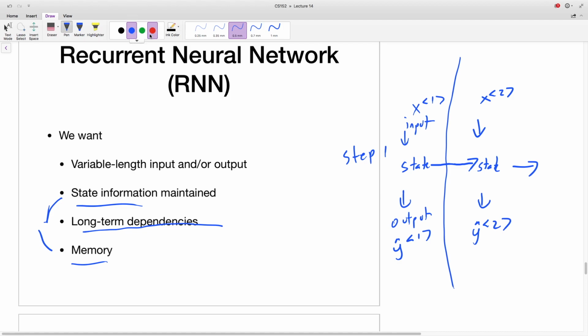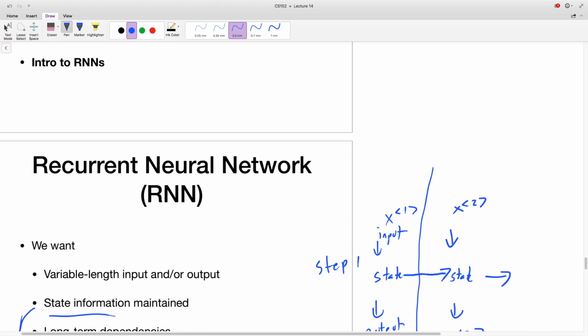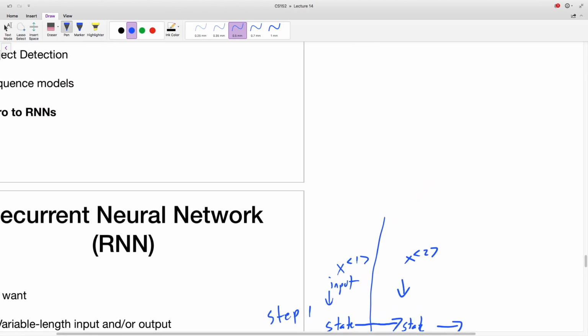I'll give you a language model example. Let's say we have something like, I was born in France. This is not autobiographical, I'm just making it up. I like to eat chocolate, even as a young boy.